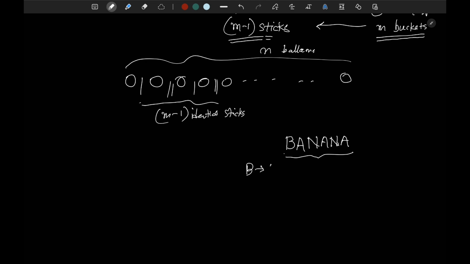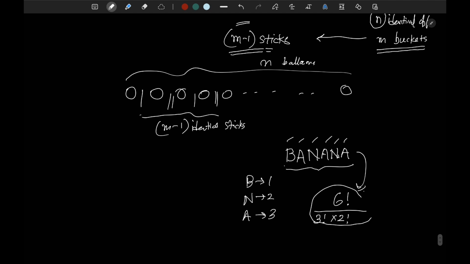So we have 1 b, 2 n's, and 3 a's, right? And in total, this is 1 2 3 4 5 6 letters. So the number of possible arrangements we used to do were 6 factorial divided by the number of similar things. So you had 3 factorial into 2 factorial and into 1 factorial, which is 1. So this is to be your answer.